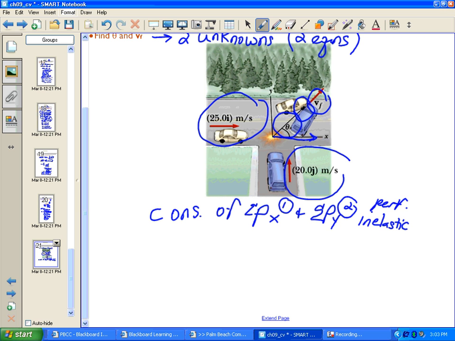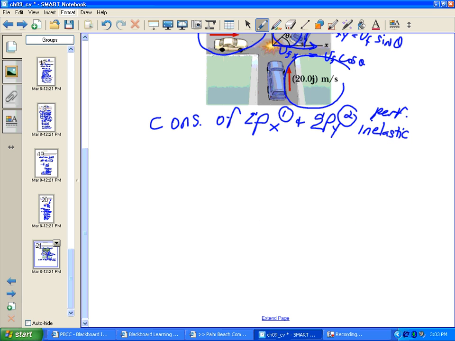And let's see, we will have a VFX, which will be given by VF cosine theta, and a VFY, which will be given as VF sine of theta. And so you see, we're going to have both theta and VF to work with. All right, so let's start with conservation of momentum in the x direction.